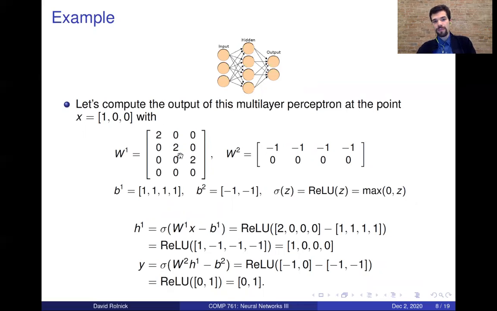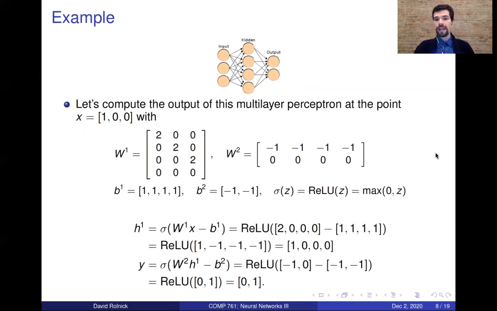You can compute that this matrix times this vector is going to be 2, 0, 0, 0, if I did the math correctly. And then you subtract the bias here, which is this vector here. And so you have ReLU of this, and that's ReLU of 1, negative 1, negative 1, negative 1. Except that now you need to compute the ReLU at each of these neurons.